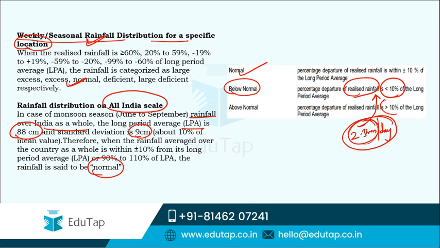If it is greater than 10% of the LPA, then it would be above normal. Kindly understand, if a question is asked for a specific location, then those would be the calculations, but if it's on an all India scale for the entire season, then these would be the calculations. This is what I wanted to tell you before the start of this session.